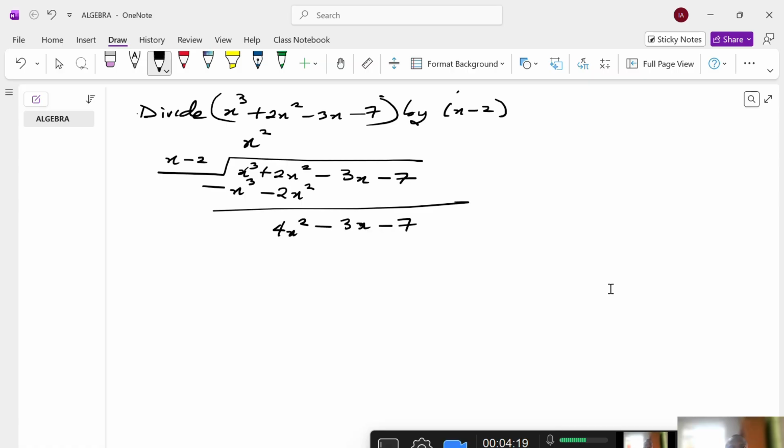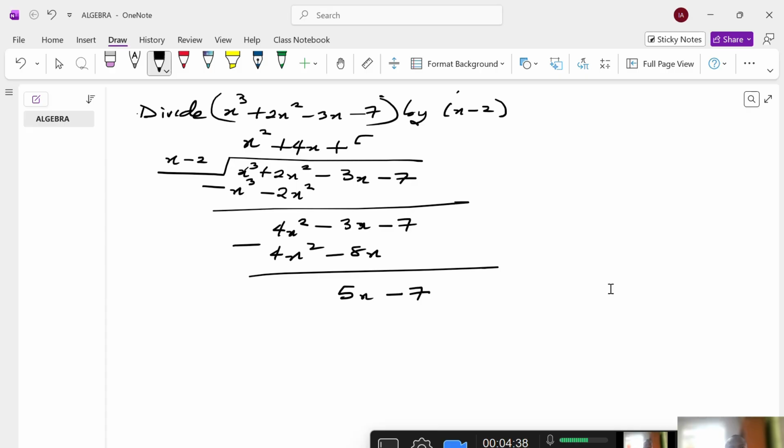So 4x squared divided by x gives me plus 4x. Then this gives me 4x squared minus 8x. When you subtract, minus 3x minus minus 8x gives me 5x minus 7. So 5x divided by x gives me plus 5.